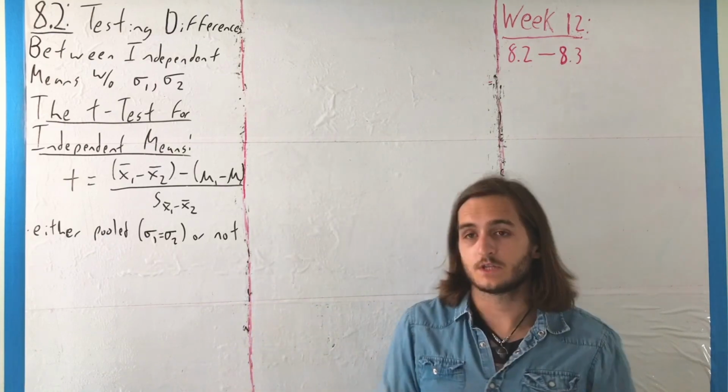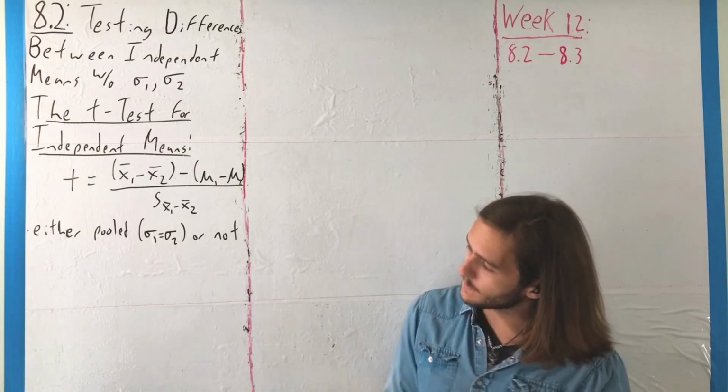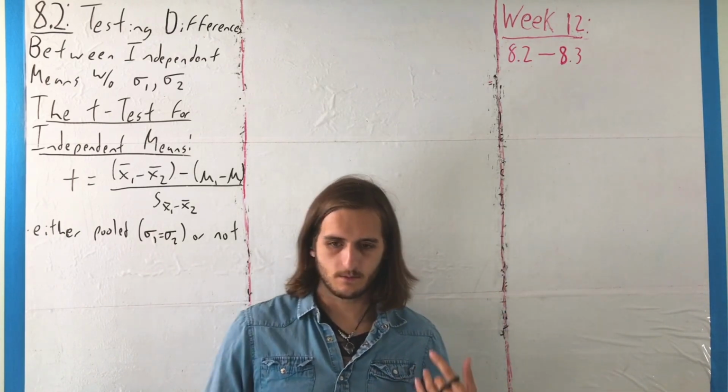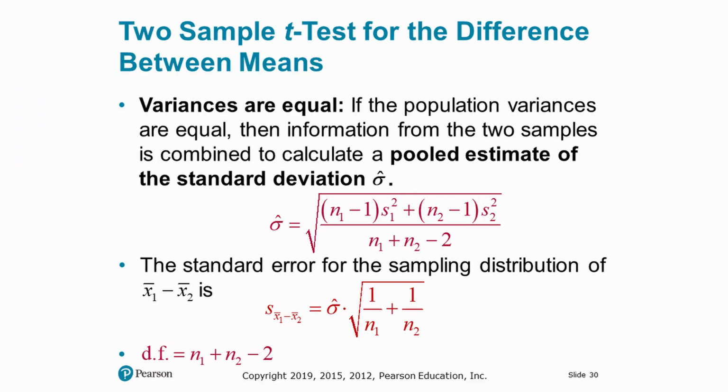Regardless of how it's referred to, what we have to bear in mind is a term called the pooled estimate for the standard deviation. That is the pooled estimate of the population standard deviation, which is denoted with a sigma hat and is a really nasty term that you can see right there.